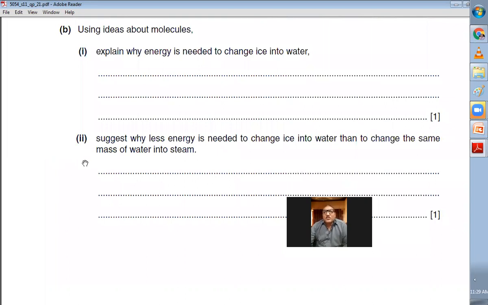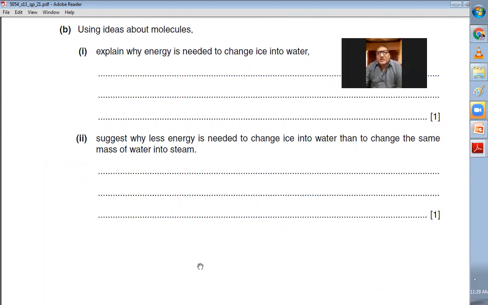Okay, so the next question coming on your screen is: using ideas about the molecules, explain why energy is needed to change ice into water. You see, when you convert ice into water, you have to break the intermolecular bonds.